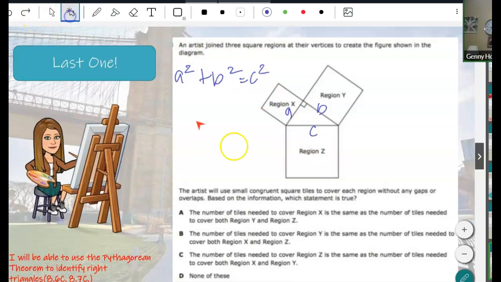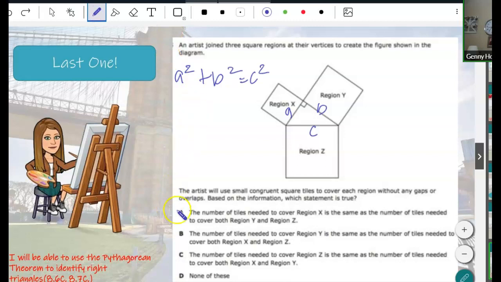So here's our question. The artist will use small congruent square tiles to cover each region without any gaps or overlaps. Based on this information, which statement is true? A, the number of tiles needed to cover region X, so that's here, is the same as the number of tiles needed to cover both Y and Z. You can see this is very small, and if we put these together, it's definitely not the same.